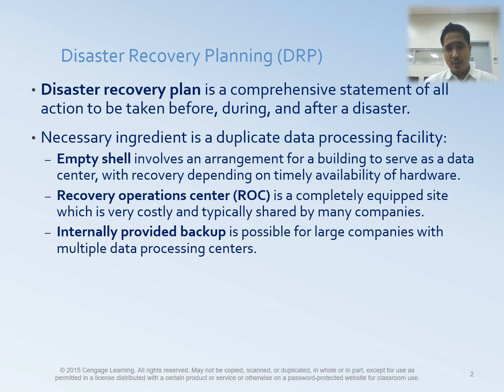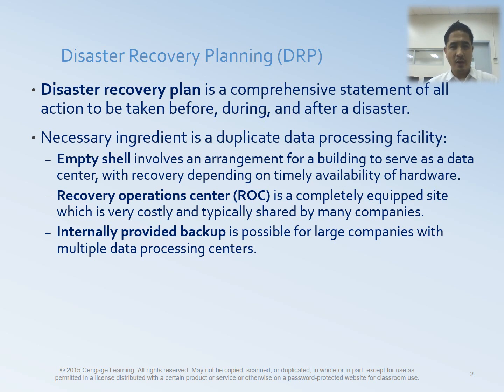So if there is an area-wide disaster and all of the companies within that area are affected, you have to compete for the resources of the ROC. And last is internally provided backup. Usually this is done by large companies which have many available areas or facilities in which they can mirror their facility, meaning they can have an excess building or facility in which there is hardware and software.